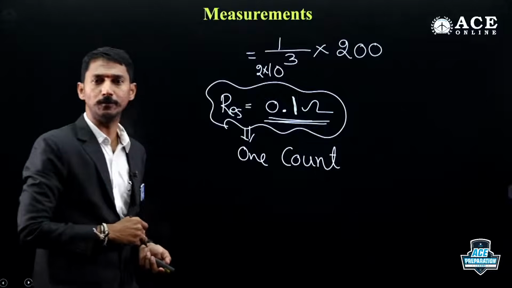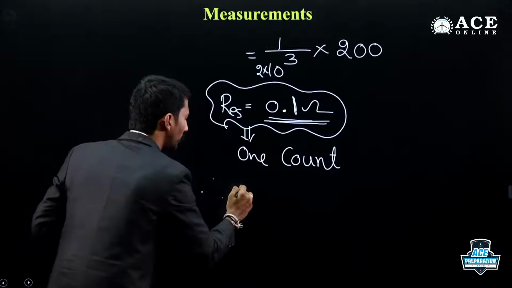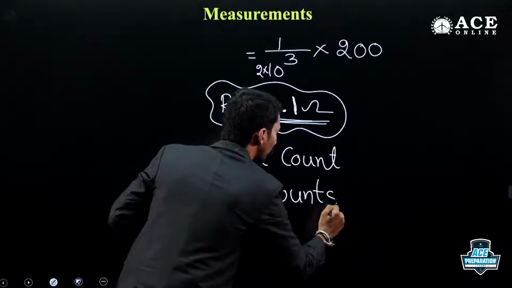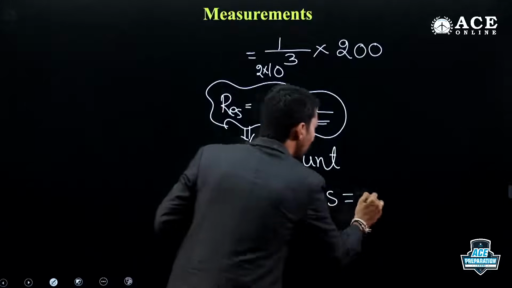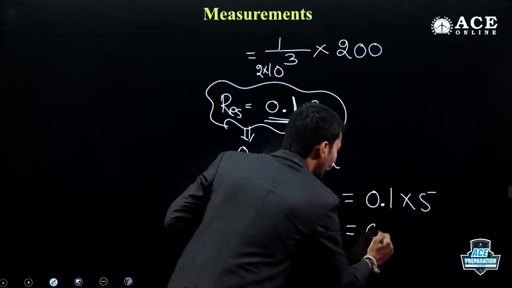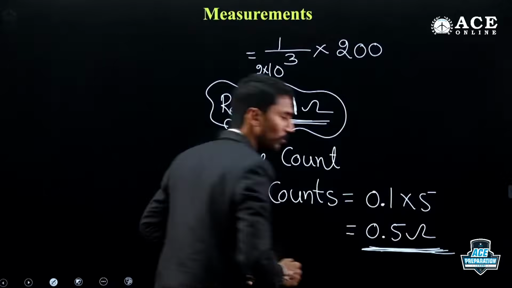Therefore, if this is equal to 1 count, then 5 counts is equal to this into 5. So simply 0.1 into 5. What is the value, guys? 0.5, of course, resistance value in ohm.